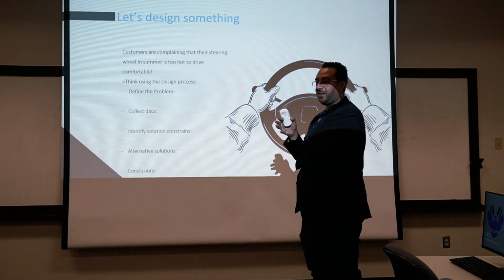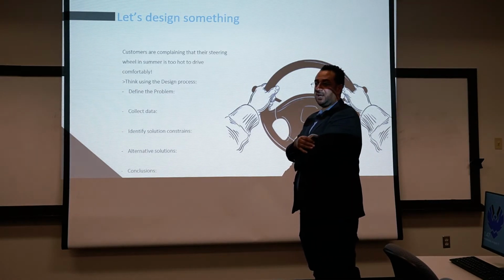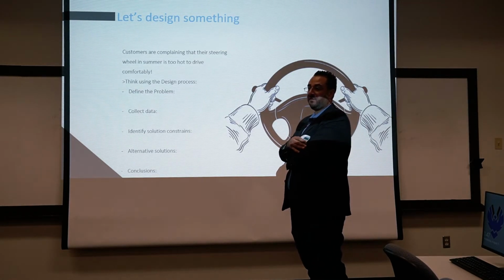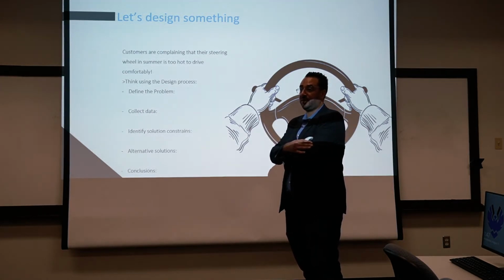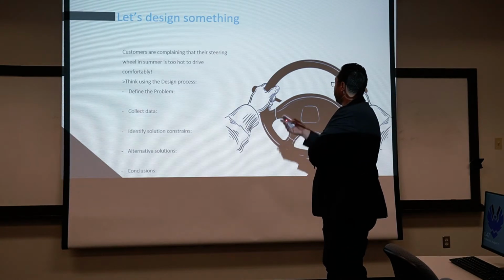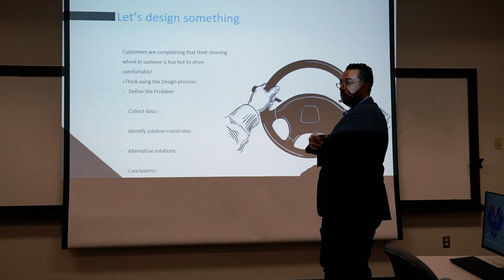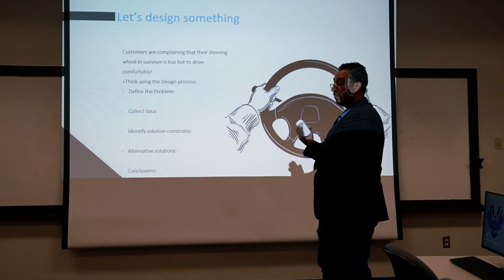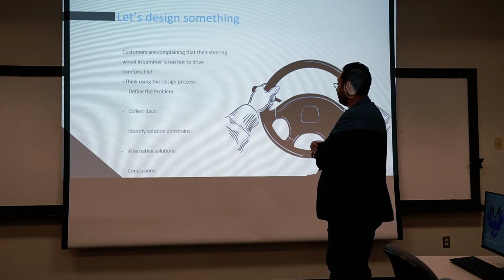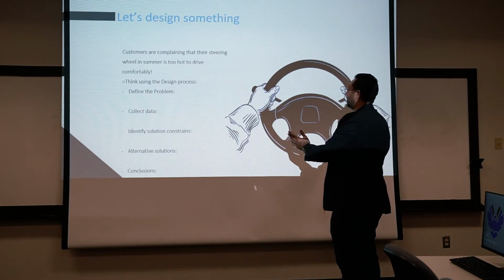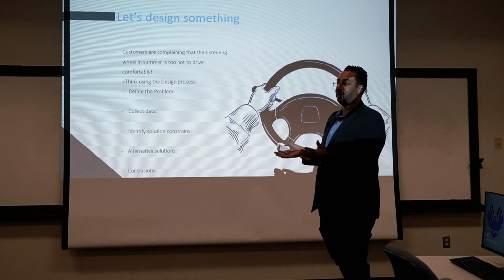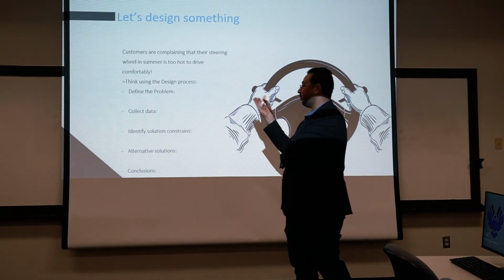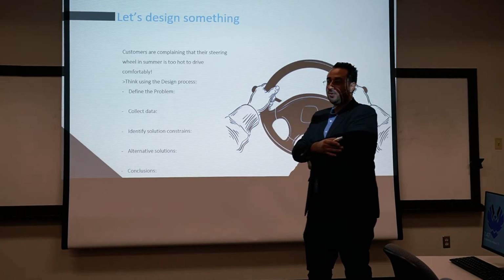Some vehicles, let's say GMC in specific, Buick, which is like the luxury of GM, they still put wood on most parts of the steering wheel. Why would they do that? I think similar problems. So you need to know in detail. Let's say here the problem is general. It's just too hot to hold it because of the weather. We define the problem, now collect the data. What kind of data would you collect in this case?